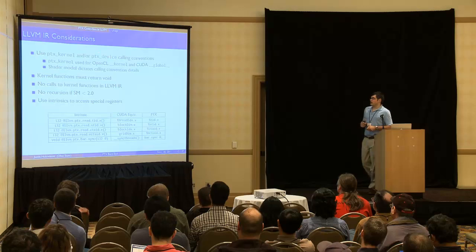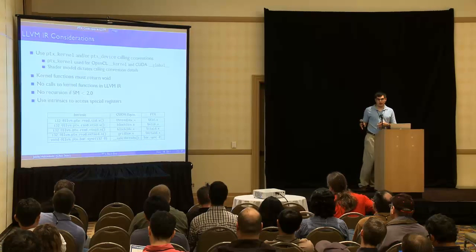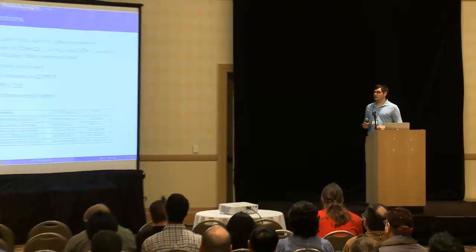You will use PTX device anytime you want to write a function that will be called by a kernel function. And depending on what actual shader model you're targeting, that will determine how the calling convention is actually implemented in terms of which registers are used, or whether or not you use registers versus different types of ways to pass these things.